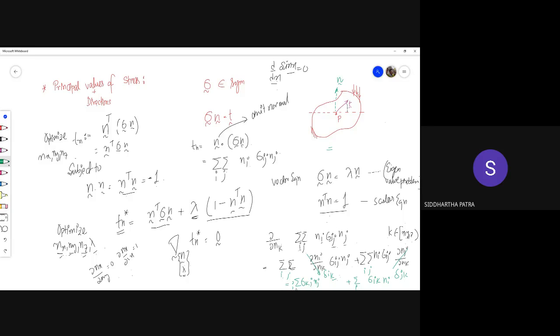You need to understand that j is a dummy index, so instead of writing j, I can simply write i. So this thing becomes sigma kj nj and sigma ik ni.